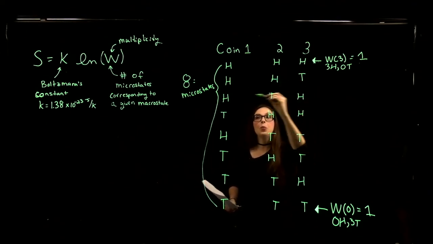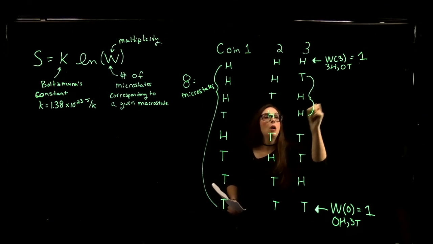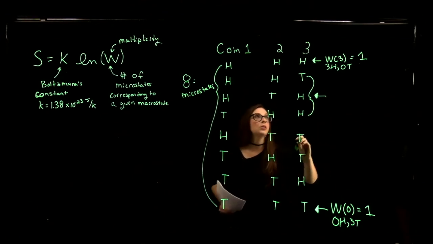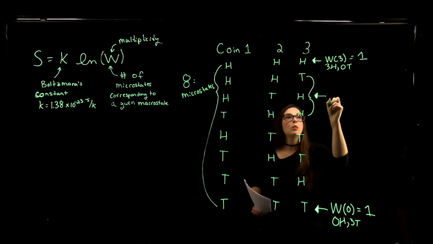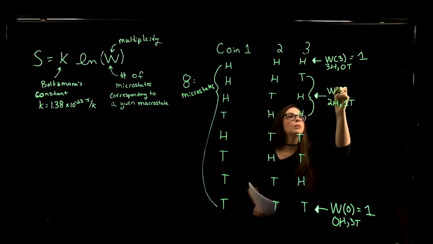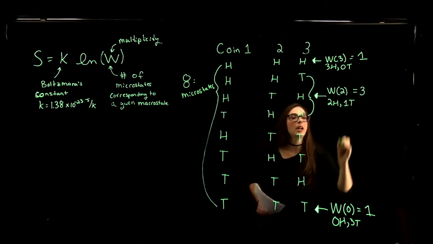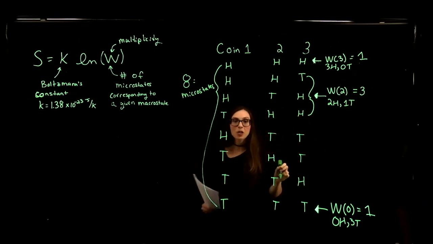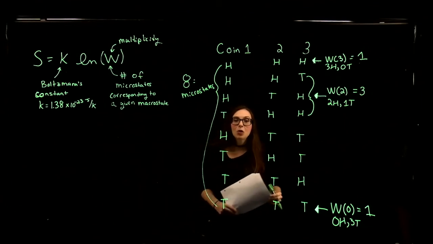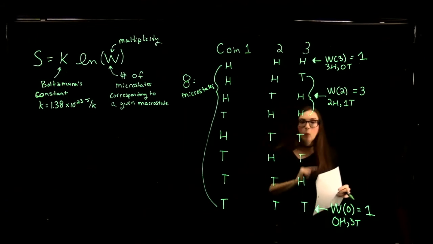So these are the different ways you can flip the coin to get 2 heads and 1 tail. So all of these possible combinations represent 1 macrostate. And for this macrostate, we could have 2 heads and 1 tail. Okay? And so I'm going to write that as the multiplicity of having 2 heads and 1 tail. That equals 3. Because there are 3 possible microstates, 3 possible ways that I can flip my coins so that I have 2 heads and 1 tail.